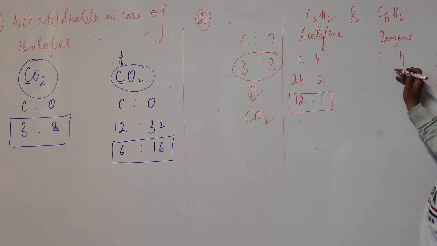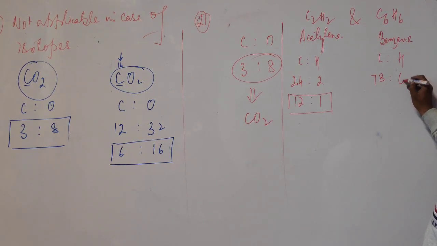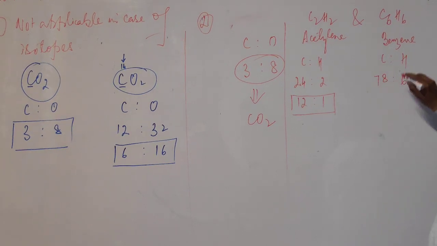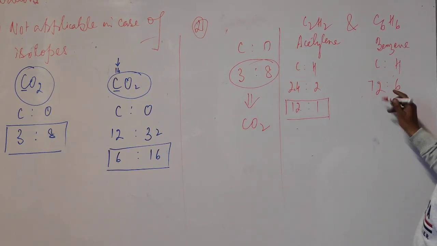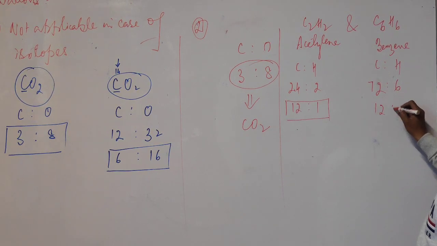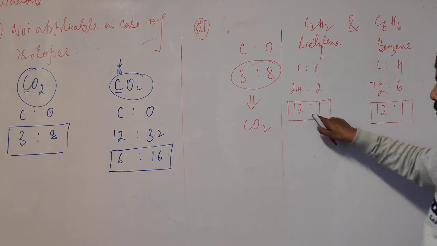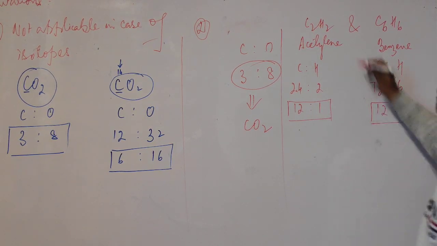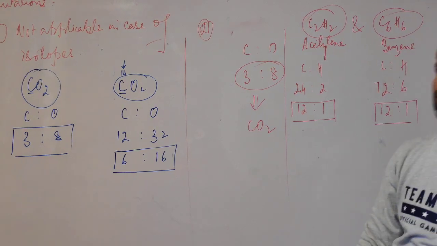Here we have carbon, 12 into 6 is 72, and then hydrogen 6, so 72:6, which is again 12:1. Now see, the ratio by weight is the same, but the compound is not the same. The compound is different. So this is another limitation.